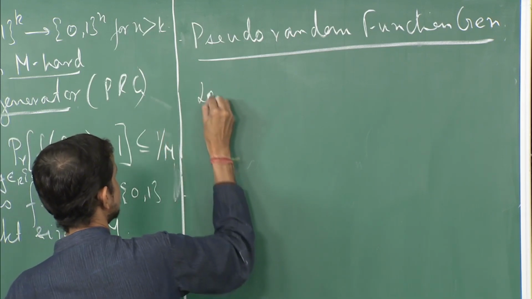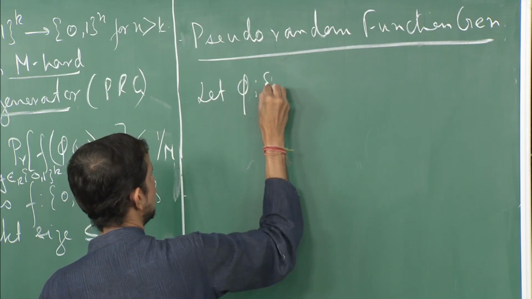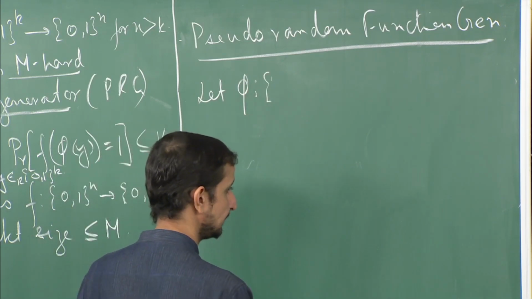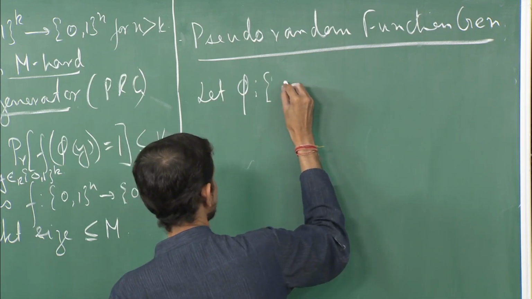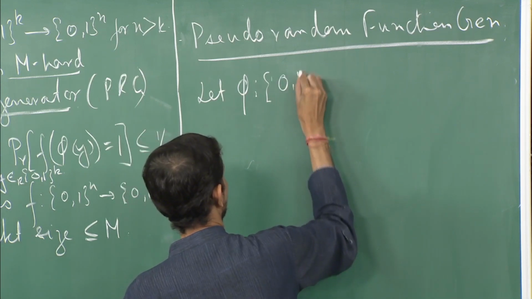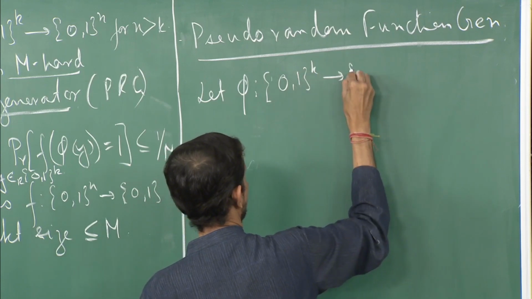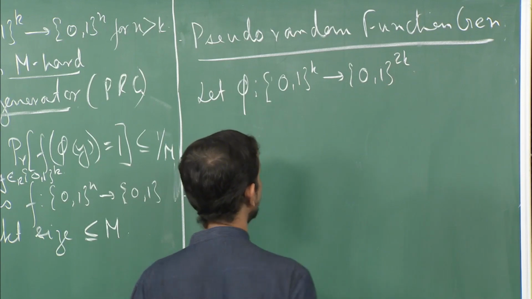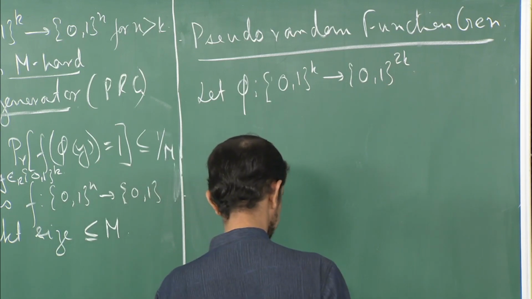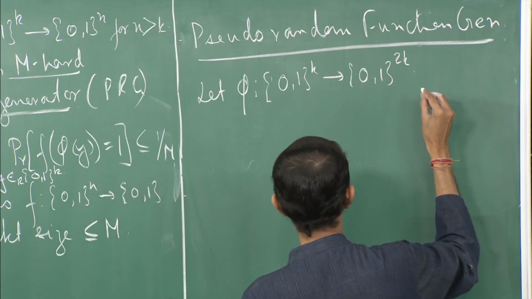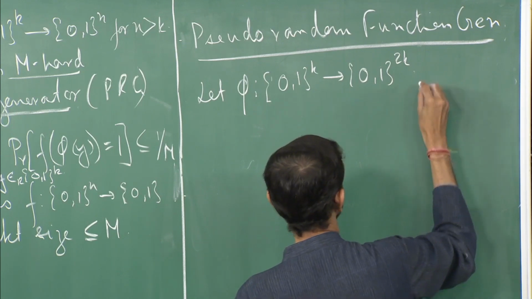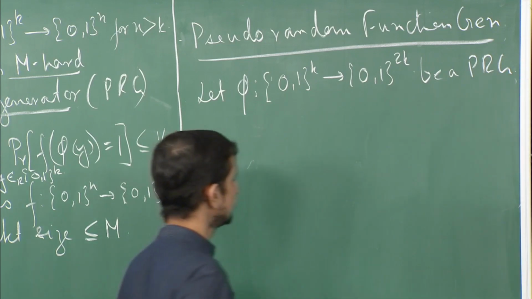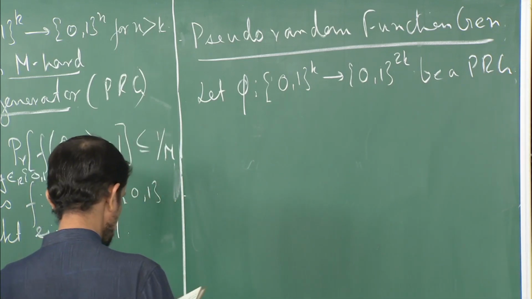Okay, so how do we generate a pseudorandom function? So let phi be, so we will use the parameter that Razborov and Rudich use. So let phi be a function from {0,1}^k to {0,1}^2k, and this is some pseudorandom generator.